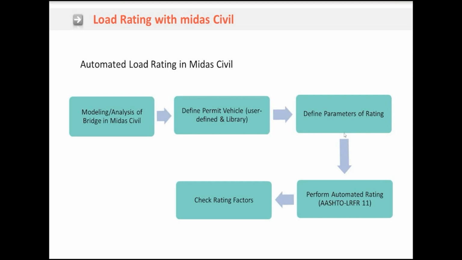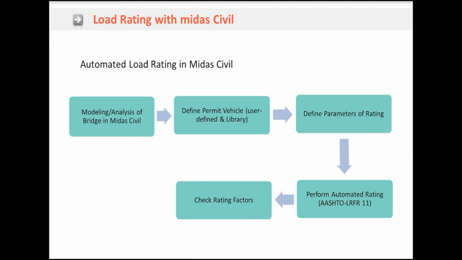MIDAS Civil 2013 is capable of doing the rating as per AASHTO LRFD 2011, which is the latest version of the load rating by AASHTO. And then at the end, we are checking the rating factors, and then we're comparing that. We are seeing if the structure is safe for a certain type of vehicle or not.